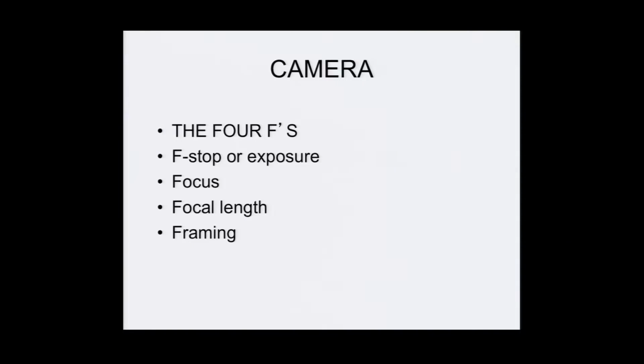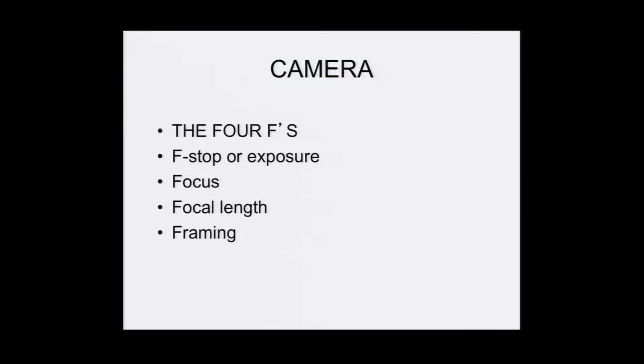So I'm going to go over something that's a convenient bucket to put things into, and it's also easy to remember. When I think about camera, I think about the 4 Fs, and some of them are F because I make them be F. It's just easier.